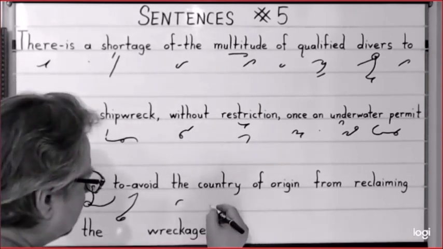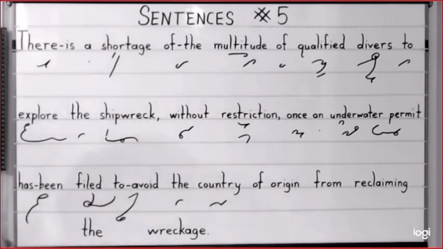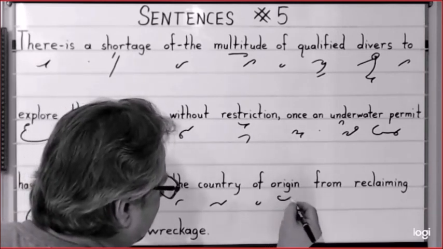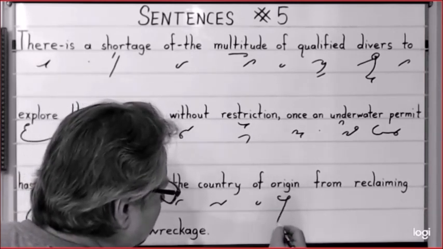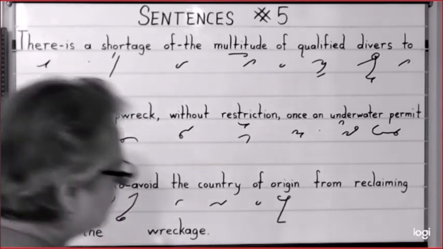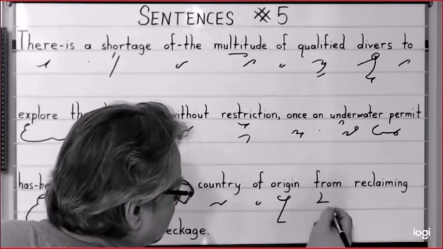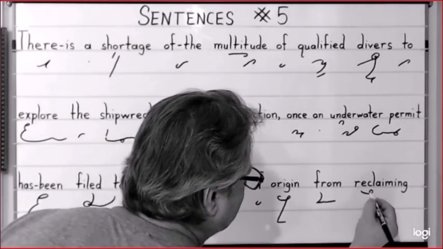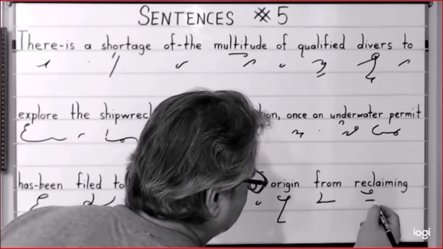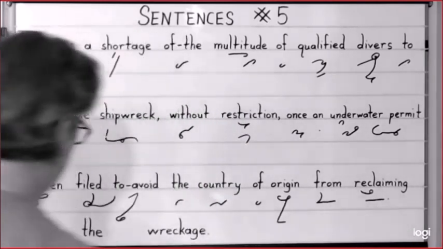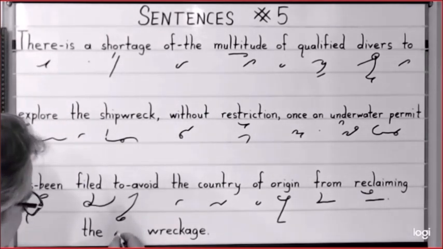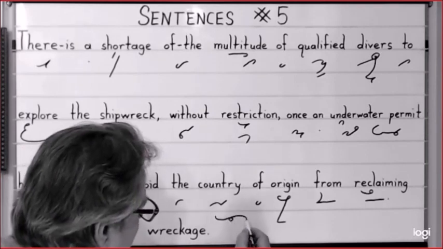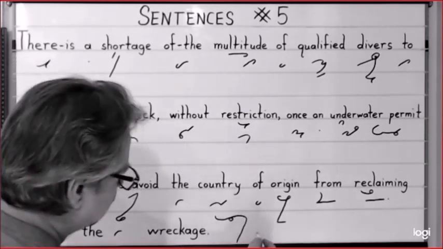Country is a K and a T. Of is an O. Origin, O, R, I, J, and then an N. From is F, M. Reclaiming is R, E, and then the M and an I-N-G. The is a TH. The finally wreckage is R, E, K, J. Of course, the period.